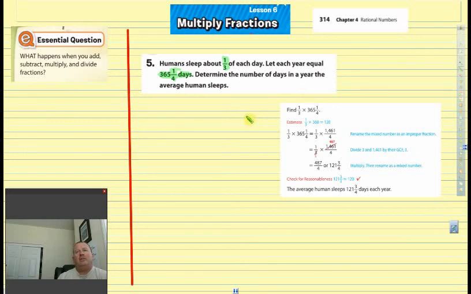It takes 365.25 days for the Earth to go all the way around the sun and end up back in the same spot. The problem is you can't have a quarter of a day.